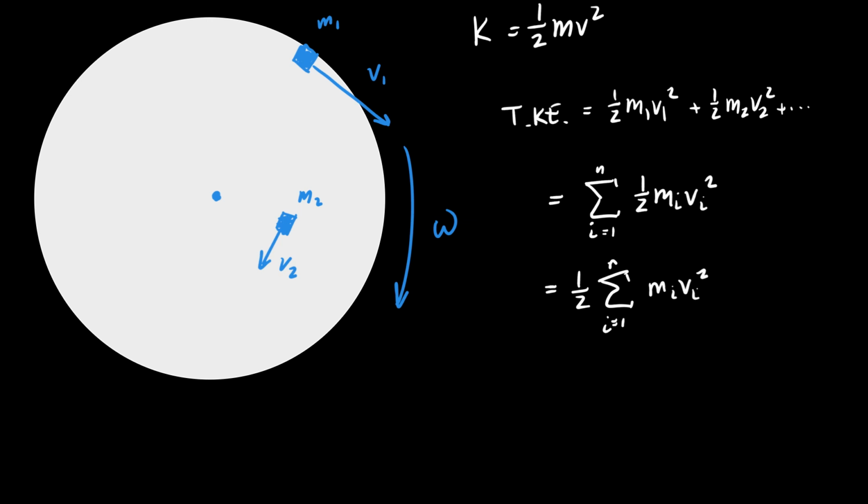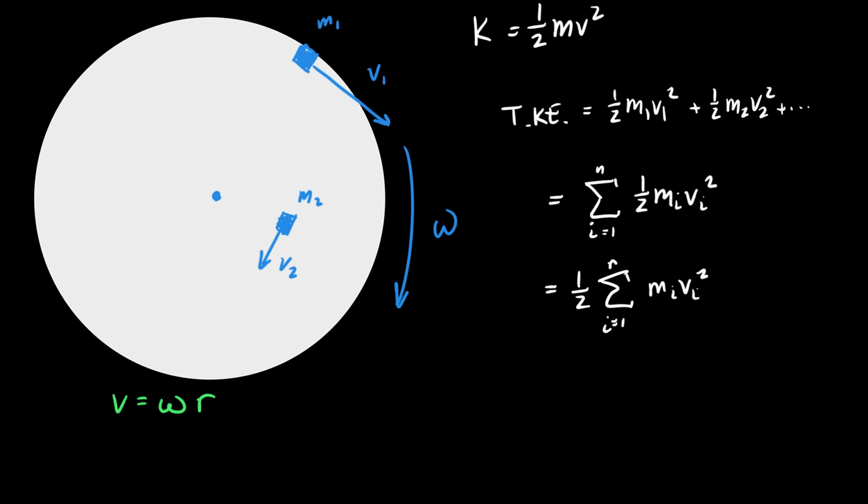Because the idea here is to find other things that are common about the object. I have something else that's common. Each one of these velocities is related to how fast the disk is spinning. In fact, we know from prior experience that the individual velocities are based on how fast the disk is spinning and where the piece is relative to the axis of rotation, right?